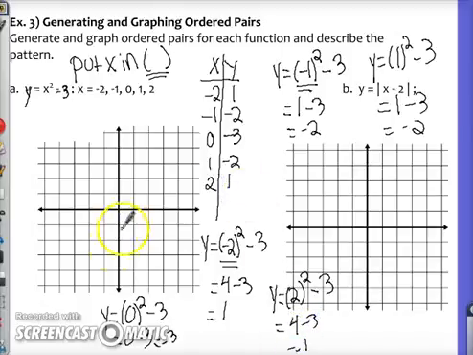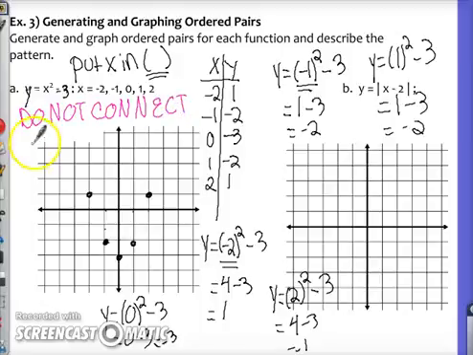Now let's go ahead and let's graph it. -2, comma, 1. -1, -2. 0, -3. 1, -2, and 2, 1. Notice you are not connecting. Do not connect because you are given x values.